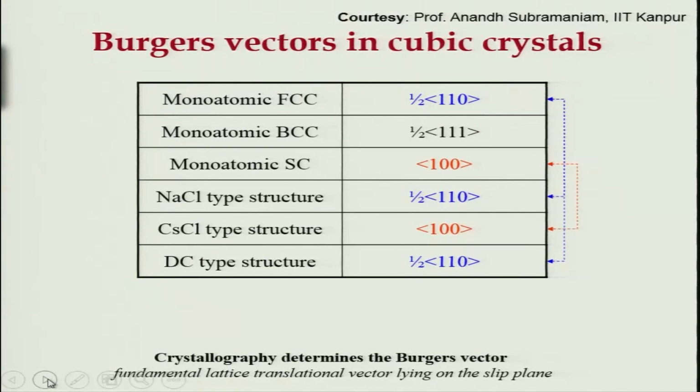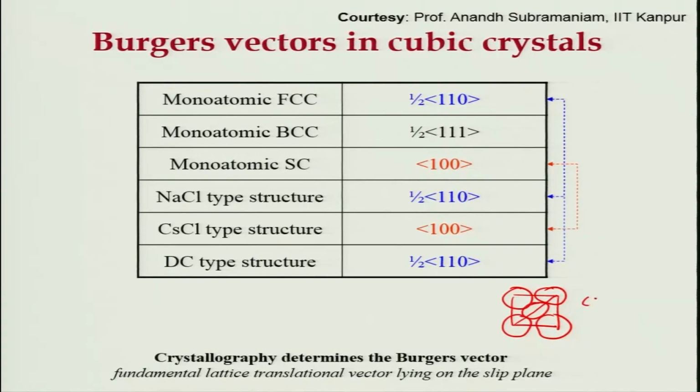And then if you look at the Burgers vectors, the Burgers vector is basically along the slip direction. The slip direction is the close pack direction. So, Burgers vector in cubic crystals is defined, for example, if you take monatomic FCC, the 110 direction is the close pack direction. If you look at FCC, the face of FCC is this. This is the 100 plane of FCC, and this is the 110 direction.